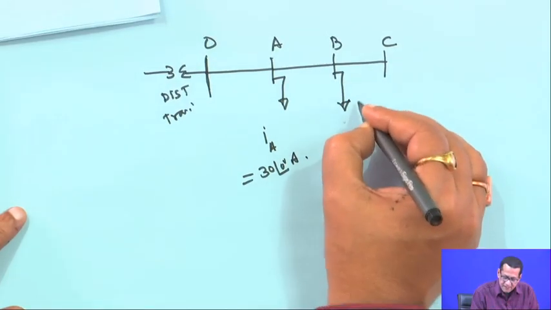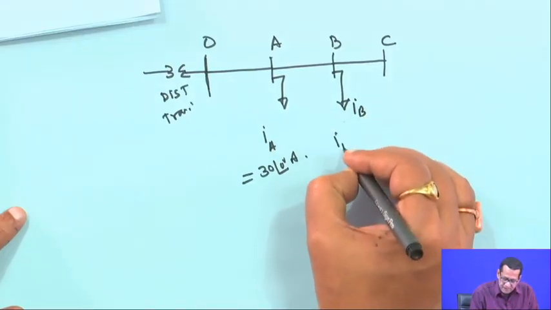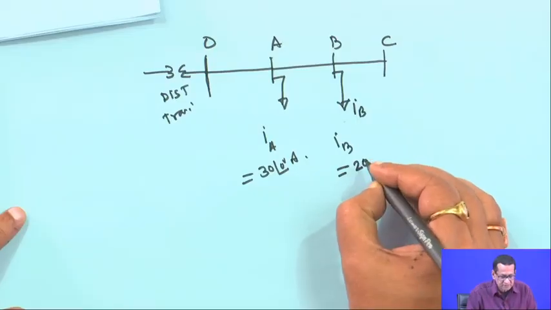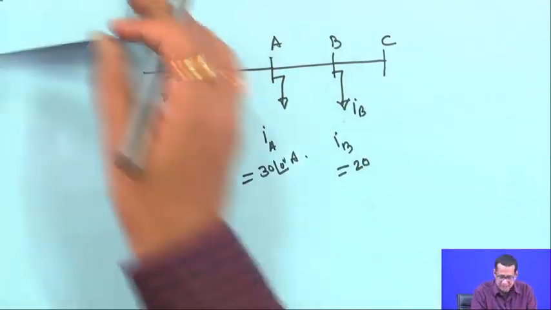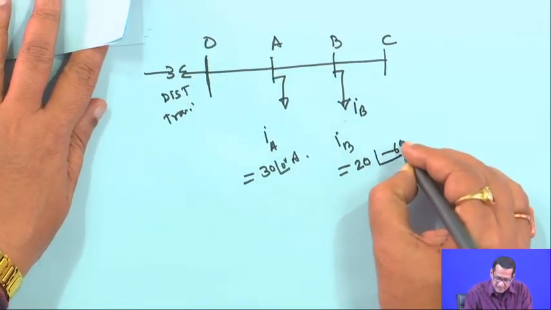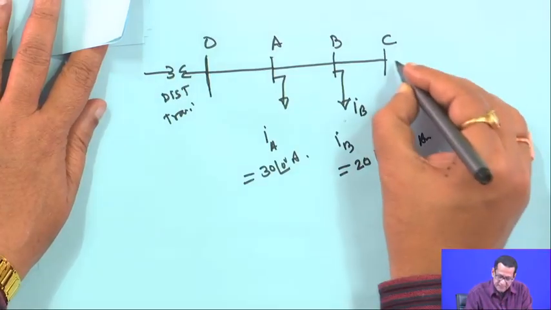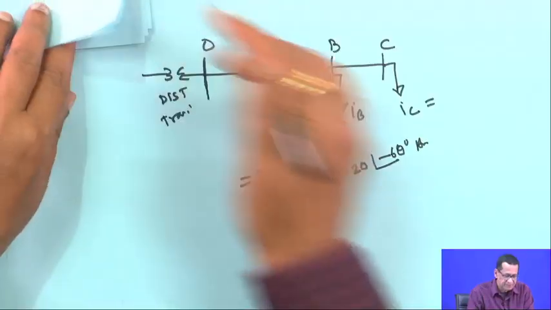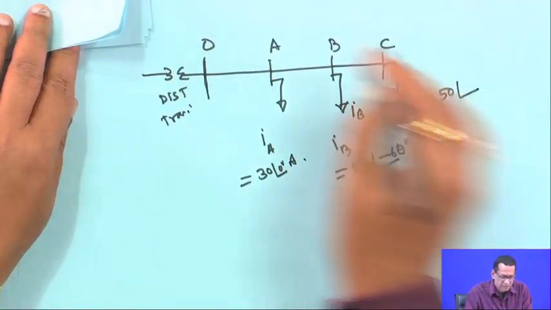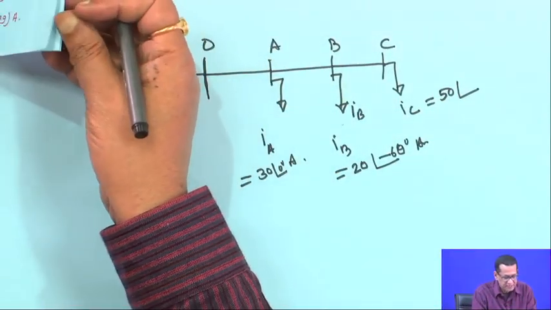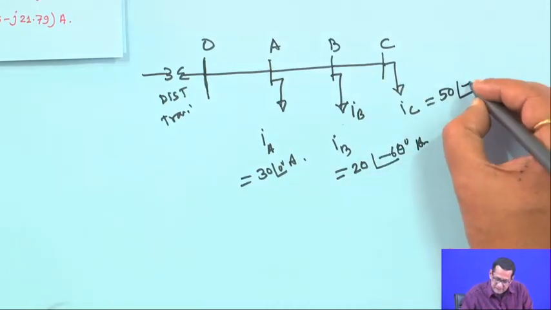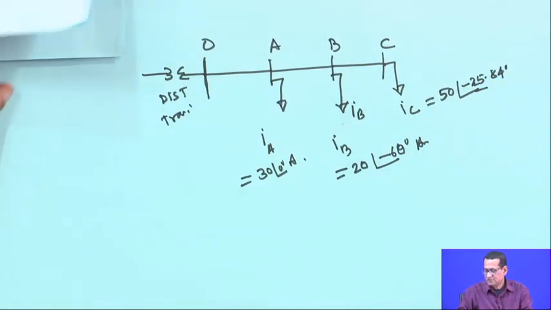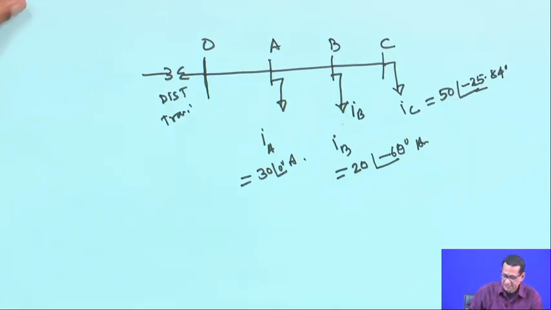This is current IB, given as 20 magnitude and angle minus 60 degree ampere. And this is IC, given as 50 and cos theta is equal to 0.9, so it is minus 25.84 degree, right. This is actually your currents IB, IC.